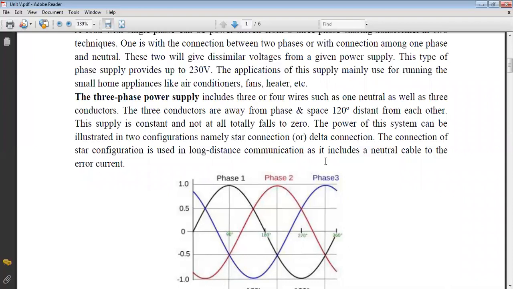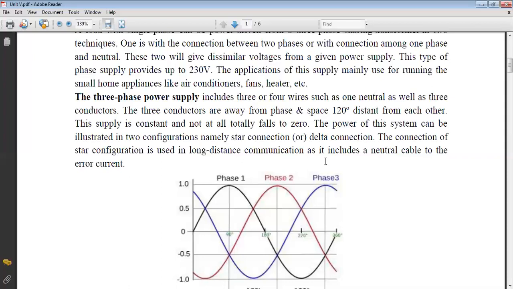Here, this supply is constant and does not totally fall to 0. The power of this system can be illustrated in two configurations, namely star connection and delta connection.